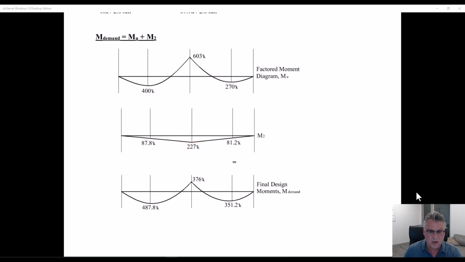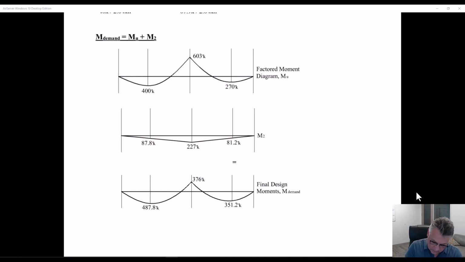Secondary effects cause tension, unless you've done something very weird, on the bottom of the beam in the interior, or between the two ends. Pretty much every time you're going to get tension on the bottom, unless you've got some very strange pre-stressing profile.